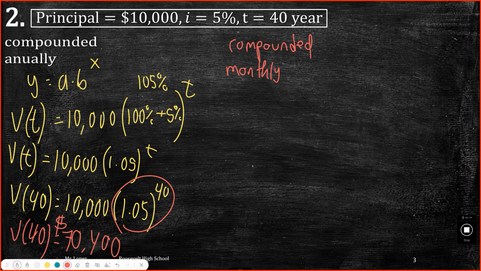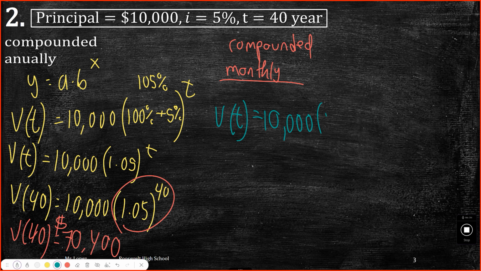So how do we figure this out? It's going to be the value of t for compounded monthly. It's still going to be deposit 10,000. Look, 100% is the same as 100 divided by 100. What's 100 divided by 100? 1.